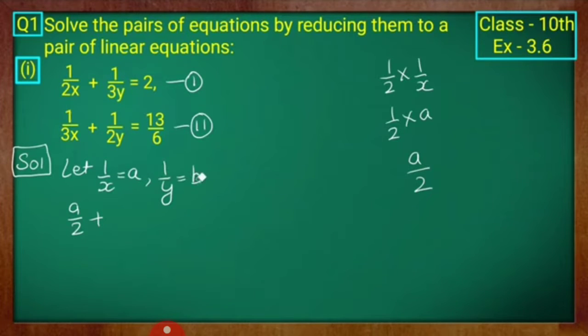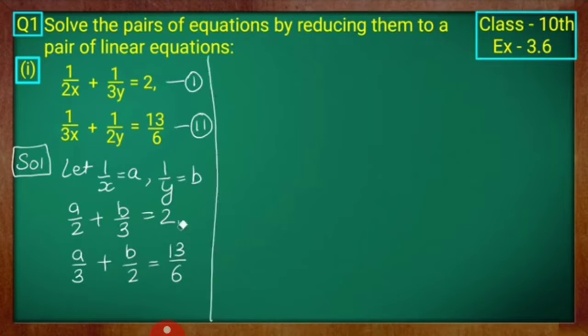Similarly 1 upon y can be written as b, so it will be b upon 3 is equal to 2. Now in the second equation also, we put 1 upon x as a, so a upon 3, plus 1 upon y as b, so b upon 2 is equal to 13 upon 6.